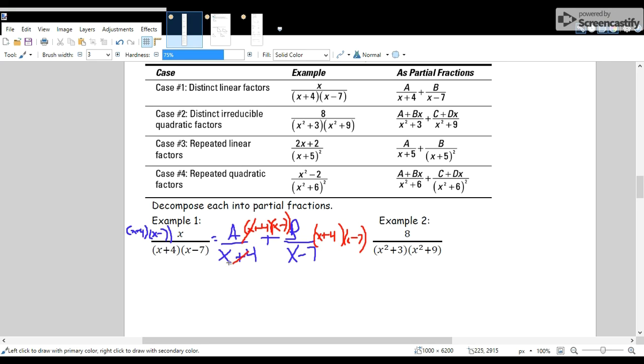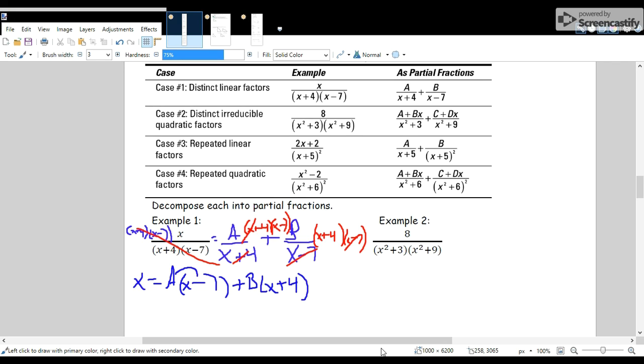So these will cancel, these will all cancel, and those will cancel. So what we have left is x equals a parentheses x minus 7 plus b parentheses x plus 4.